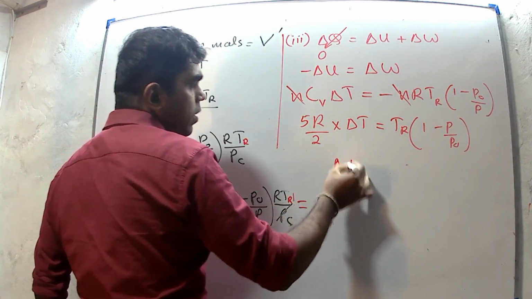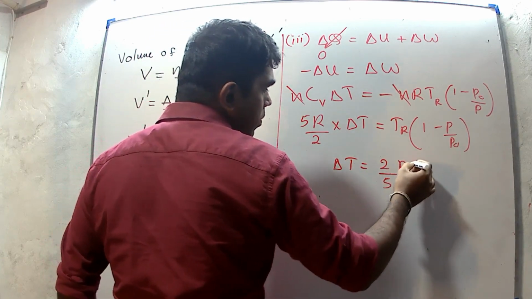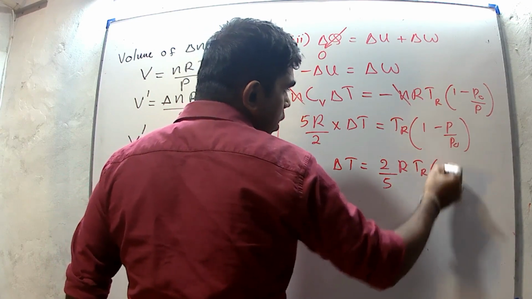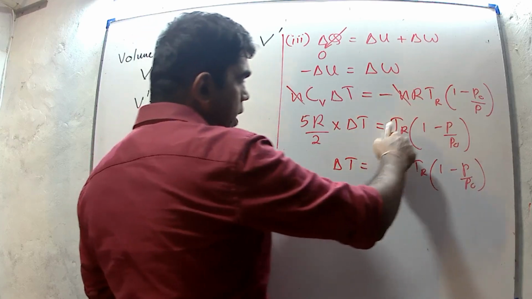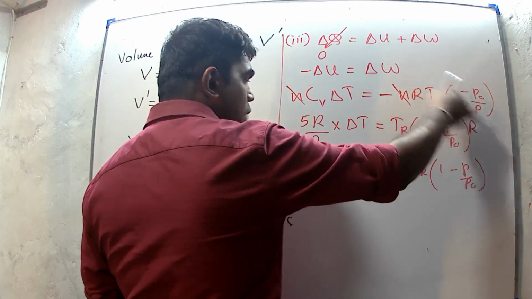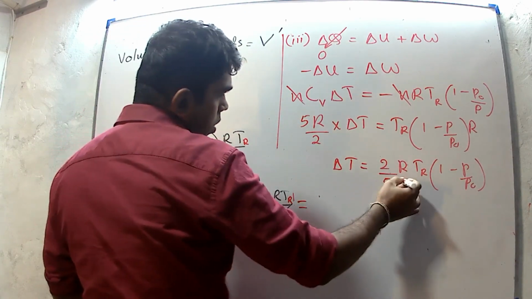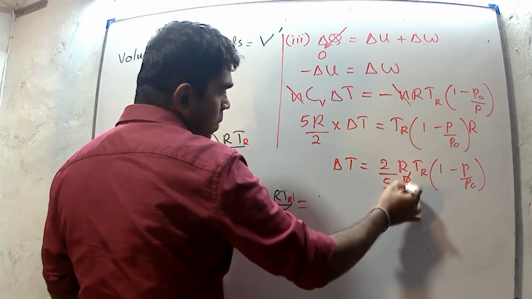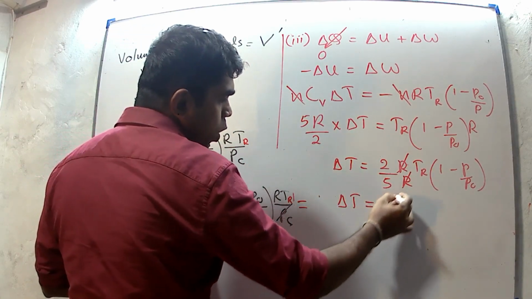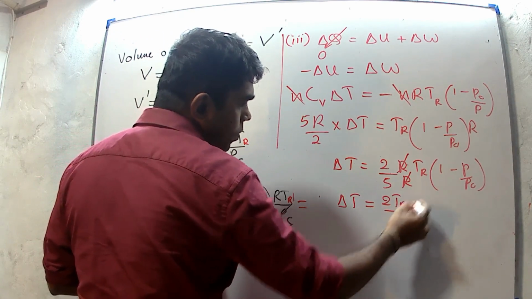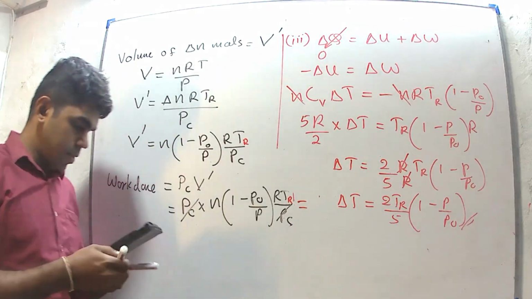Delta T equals 2 over 5R, TR into 1 minus P naught over P. There is an R term on the right hand side, so we have to divide by R. Then we can cancel out R and R. Delta T equals 2TR over 5 into 1 minus P naught over P. It is the given expression.